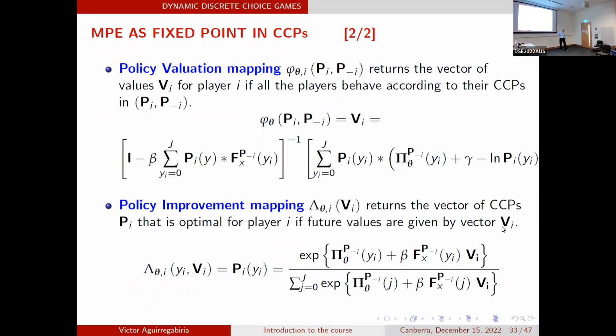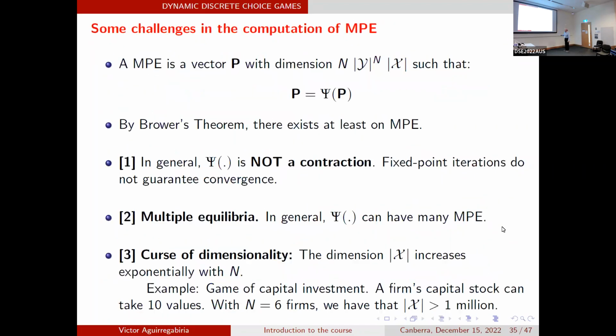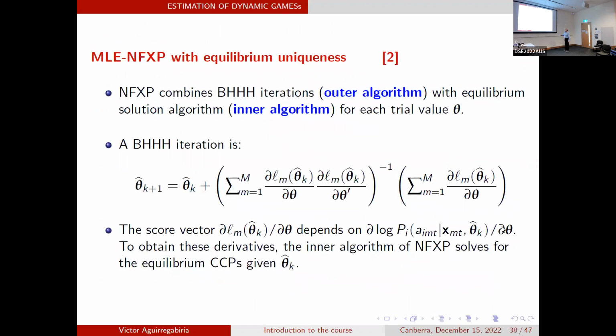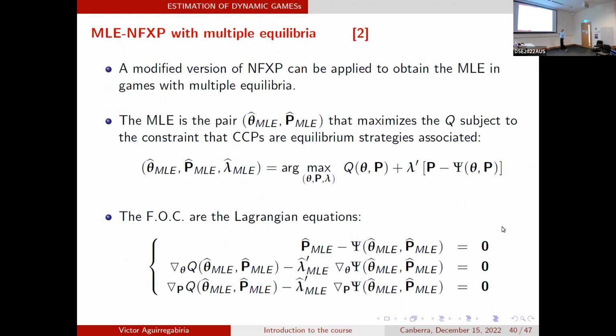We have to calculate the derivative of this inverse matrix with respect to the choice probabilities of other players. No closed form expression, nothing like that. No sparse matrices. This is computationally demanding. And the calculation of these Jacobians in the process of maximum likelihood estimation is going to be costly.